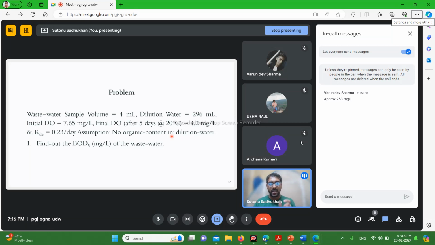L is denoted as the dissolved oxygen, and the difference between the two dissolved oxygen values, that is at the 0 level and at time t, is basically your BOD T. Here T is 5 days. K value is given. So just go ahead and calculate. Okay. So Borun has calculated it as 253 milligram per liter. Archana and Usha also please calculate. I'll wait for 1 more minute.